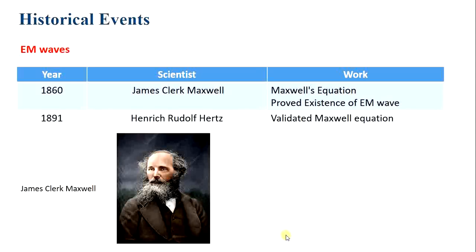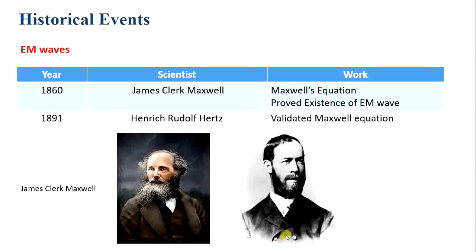In 1891, Heinrich Hertz, the unit of frequency Hertz was also named after his name. Heinrich Hertz validated Maxwell's equations. He performed some experimentation and validated Maxwell's equations in 1891.